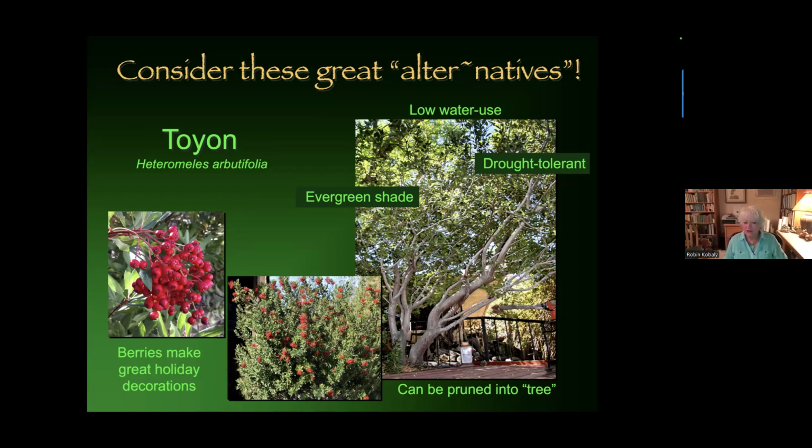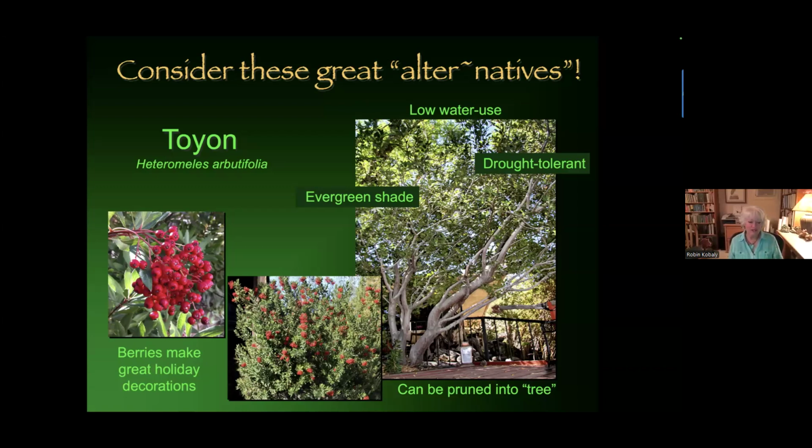It's very drought tolerant, provides evergreen shade, low water use. And the berries, I love the berries. Ours are just starting to turn red right now. And so we will have berries to decorate the hearth and stick in wreaths all winter. They retain the red berries through early spring.